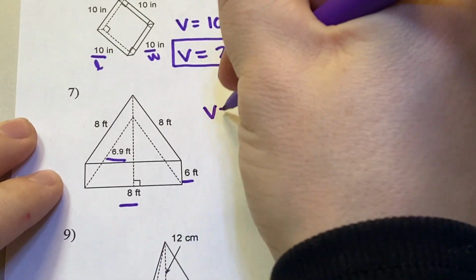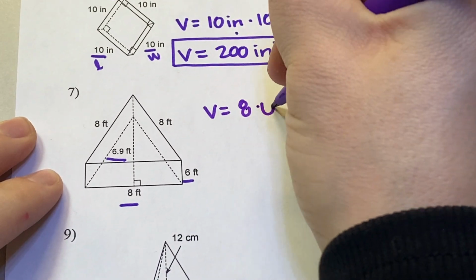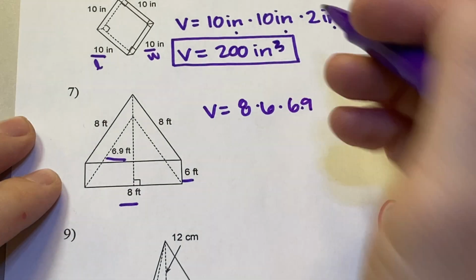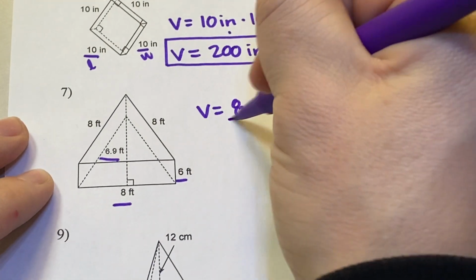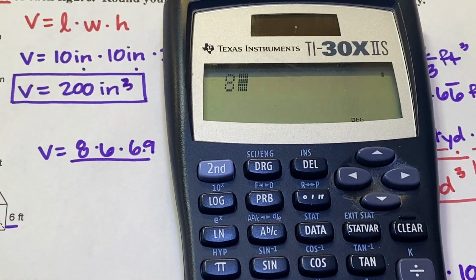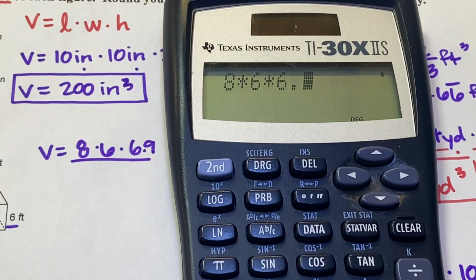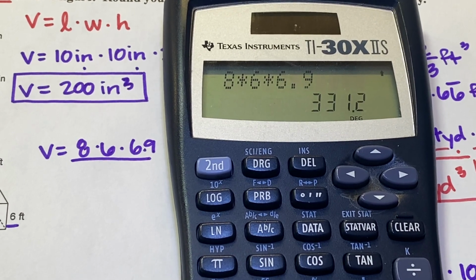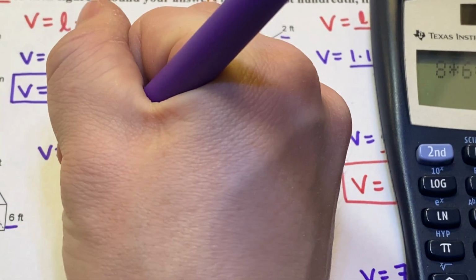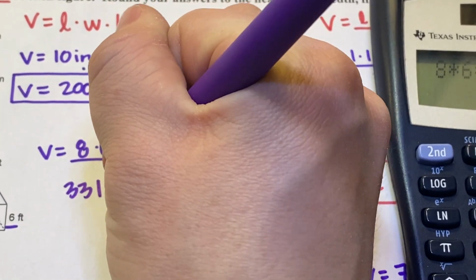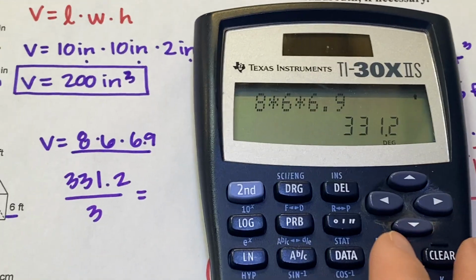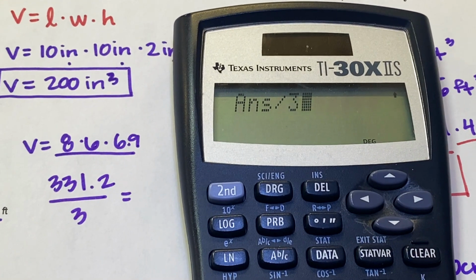Okay, so we'll plug it in. 8 times 6 times 6.9. And then we're going to divide that all by 3, but I'm going to go ahead and plug that whole thing in my calculator first. 8 times 6 times 6.9. 331.2, which I now need to divide by 3 to get 110.4.